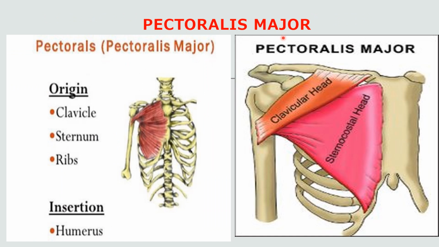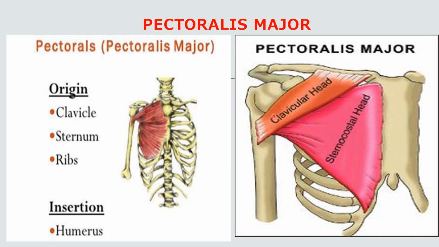Let us discuss the muscles of the pectoral region. Number 1, we have the pectoralis major muscle. The pectoralis major is a thick triangular muscle. It is broad at its sternoclavicular origin and narrow at its insertion.